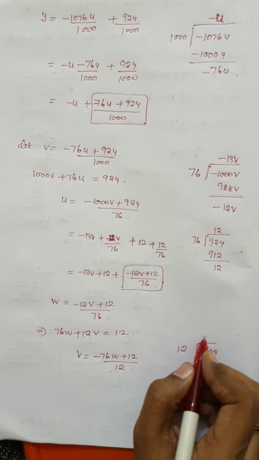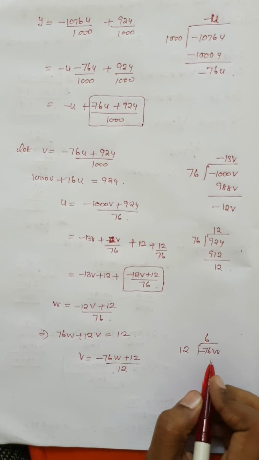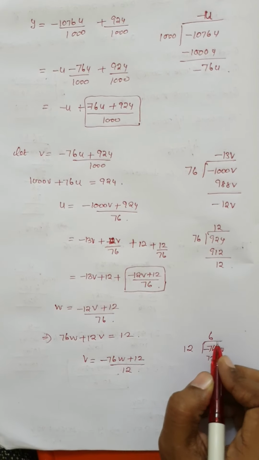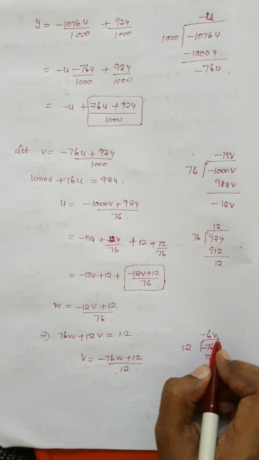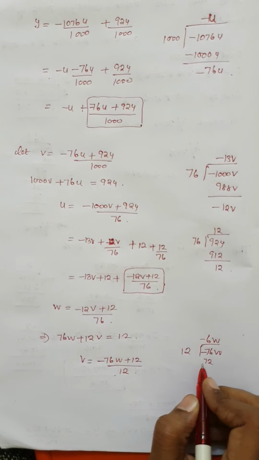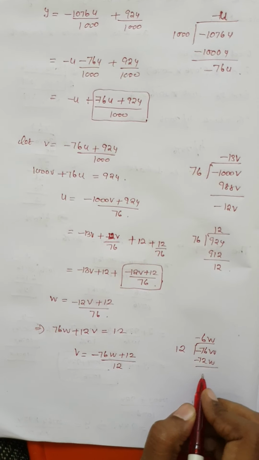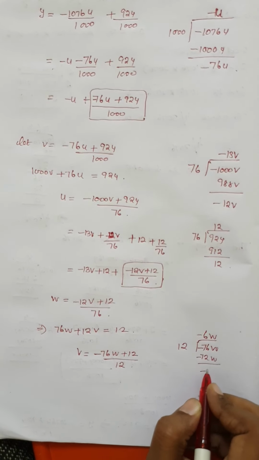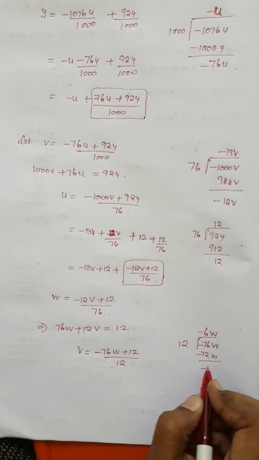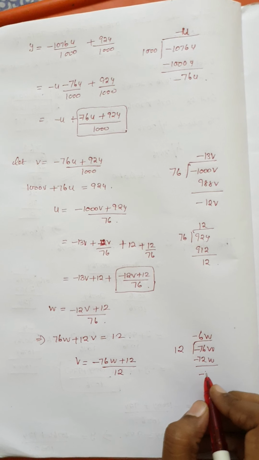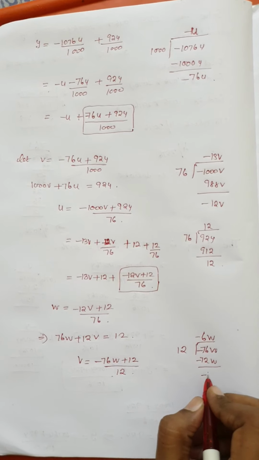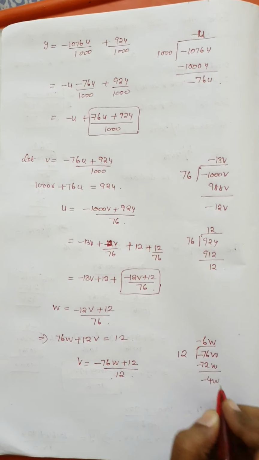6 times of 12 is equal to 72. So 6 times of minus 6w into 12 as minus 72w. After subtracting we will get minus 4w as the answer.